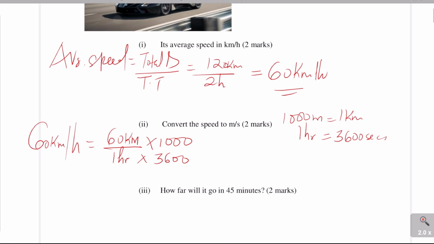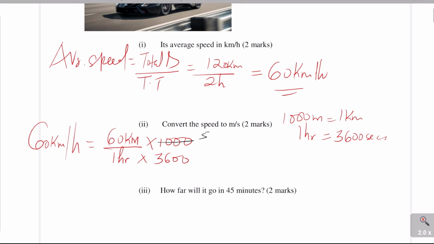And you can simplify these further. When you simplify 1000 divided by 3600, that will give 5 divided by 18.